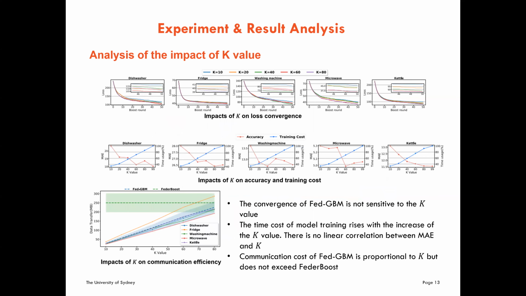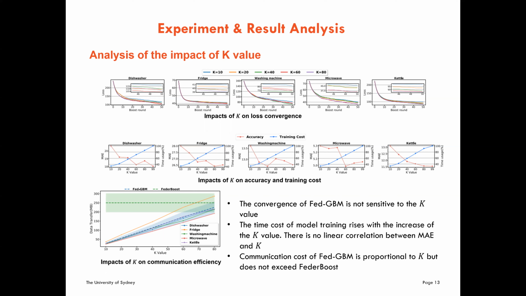To better understand the impact of the K values for Fed-GBM, we also do model training with different K values on 5 selected appliances. From the experiment, we know the convergence of Fed-GBM is not sensitive to decay, and the time cost of model training rises with the increase of the decay value.